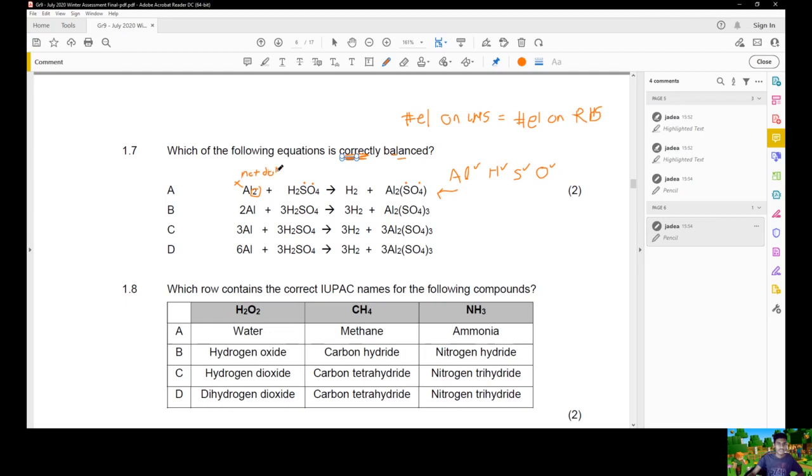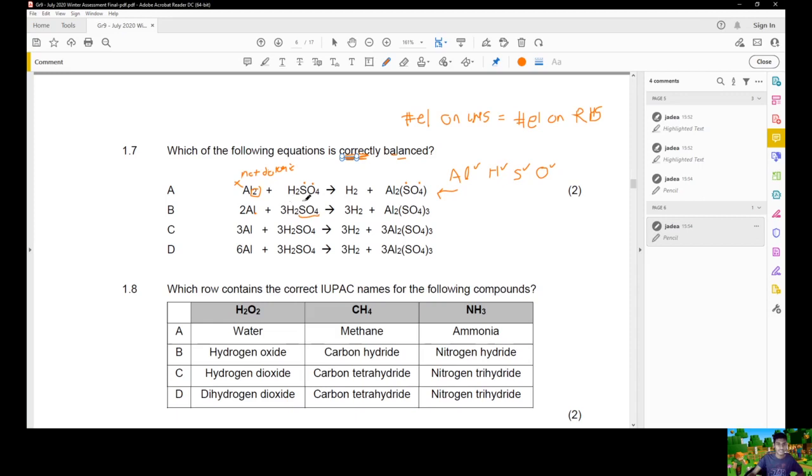If I look at option B, perhaps this time I'll first see if the equation is correct. Al has no small number because it's not diatomic. H2SO4, that is correct because sulfate, SO4, has a valency of 2-. Hydrogen, the H, has a valency of +1. I've got 2 of them.